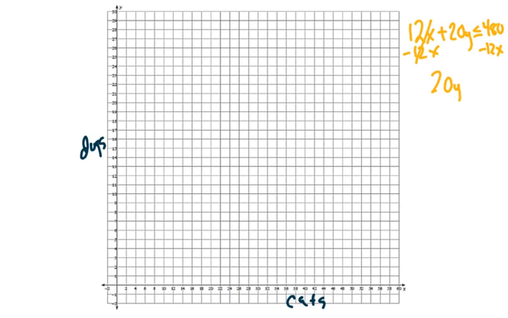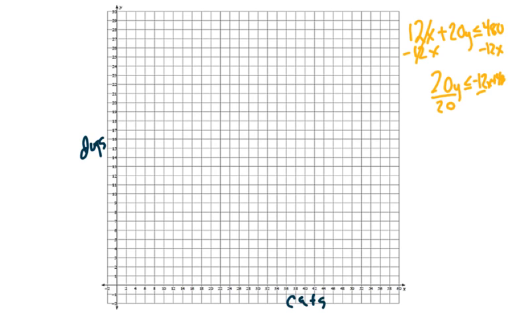Looking at our graph, this is cats and dogs. We ended up with 12x plus 20y is less than or equal to 480. A few different ways I can do this. First way would be to solve for y and put it in slope-intercept form. So I'd get 20y is less than or equal to negative 12x plus 480.